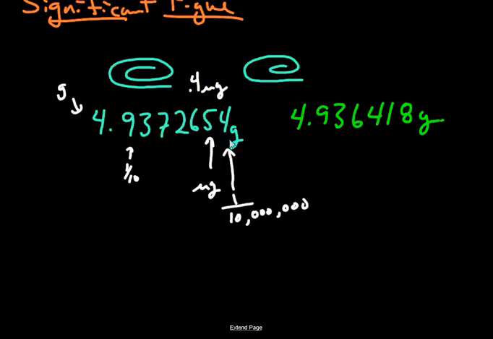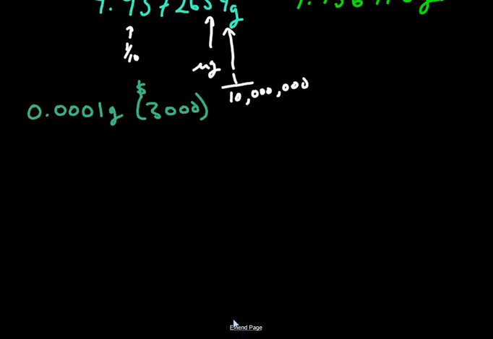So an incredibly small value. Now, the best scale that we have at our school can measure to 0.0001 gram. And a scale like this costs like $3,000. Very expensive. If we put this paper clip on this scale, what readout would that scale have?